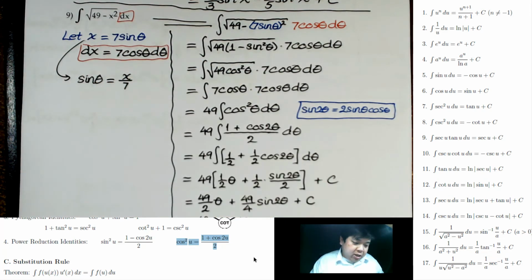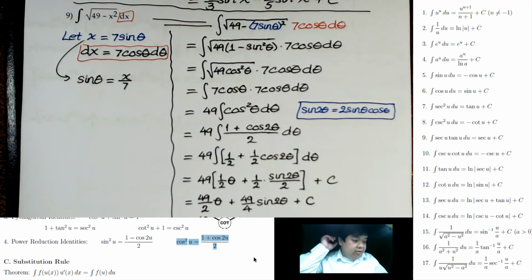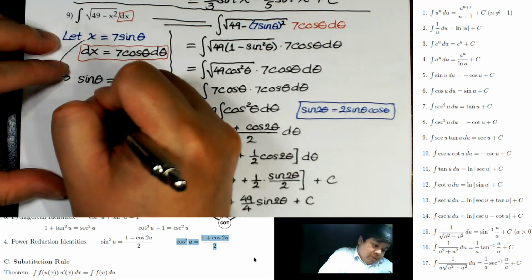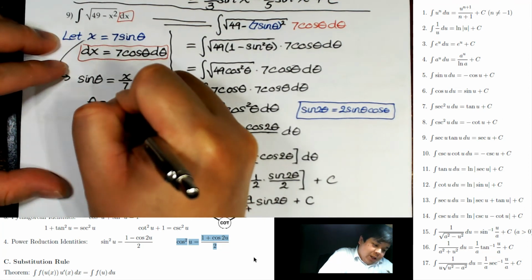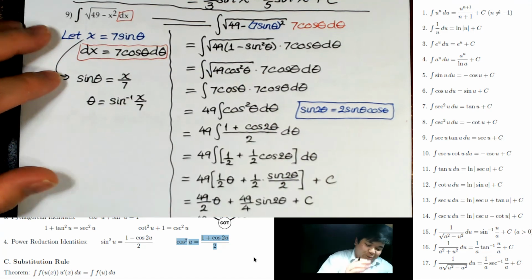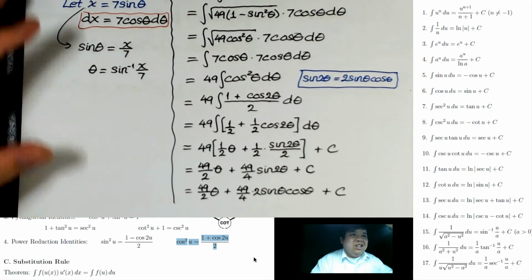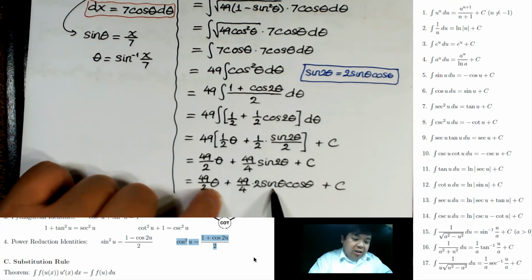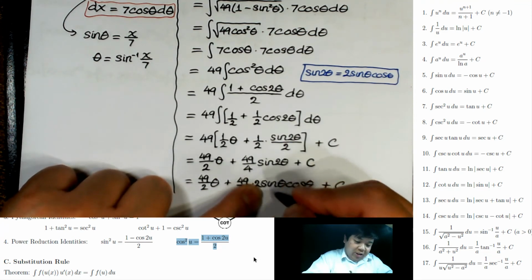So theta equals sine inverse of x over 7. Sorry, it should be that because this is just theta. Now the sine theta is going to be x over 7.